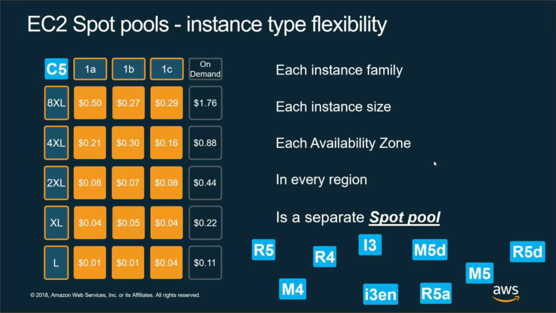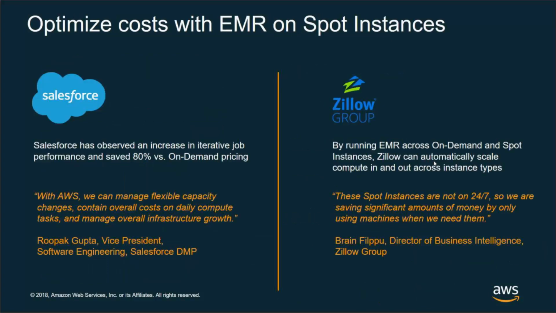We have a couple of great customer examples that are using EMR with Spot instances today, and Salesforce are actually running a lot of their iterative jobs on Spot instances and reporting savings of up to 90%. They're actually improving the digital personalization experiences and insights to their clients using EMR, and achieving that deep cost savings.